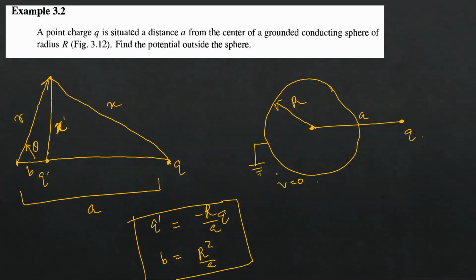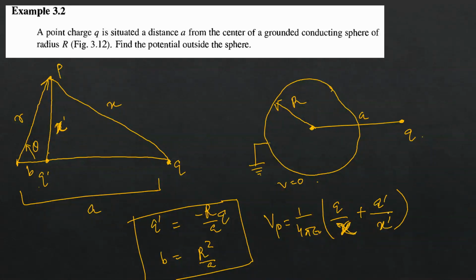Now, the potential of the configuration, because there are two charges, q dash and q, at the point P where we have to calculate the potential. The potential will be 1 by 4 pi epsilon naught, q by x plus q dash by x dash, where x and x dash are the distances from q and q dash respectively.